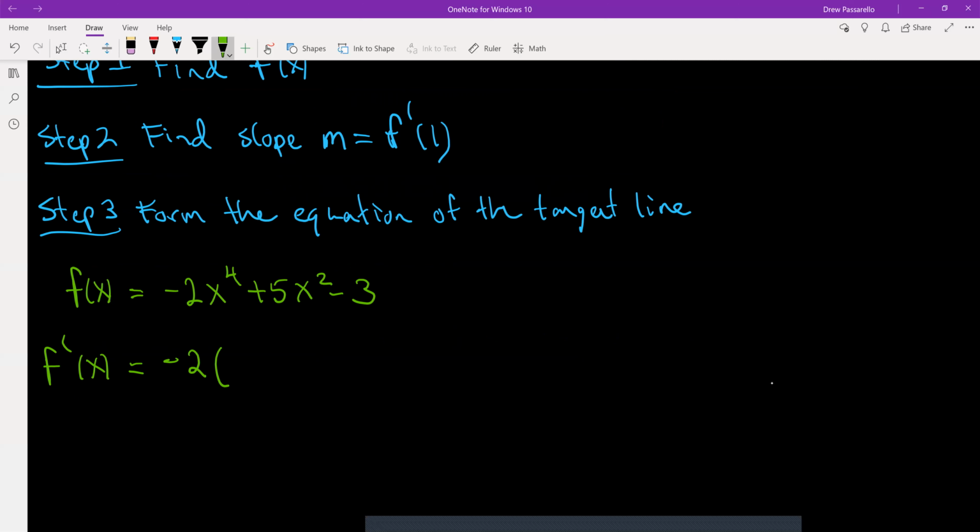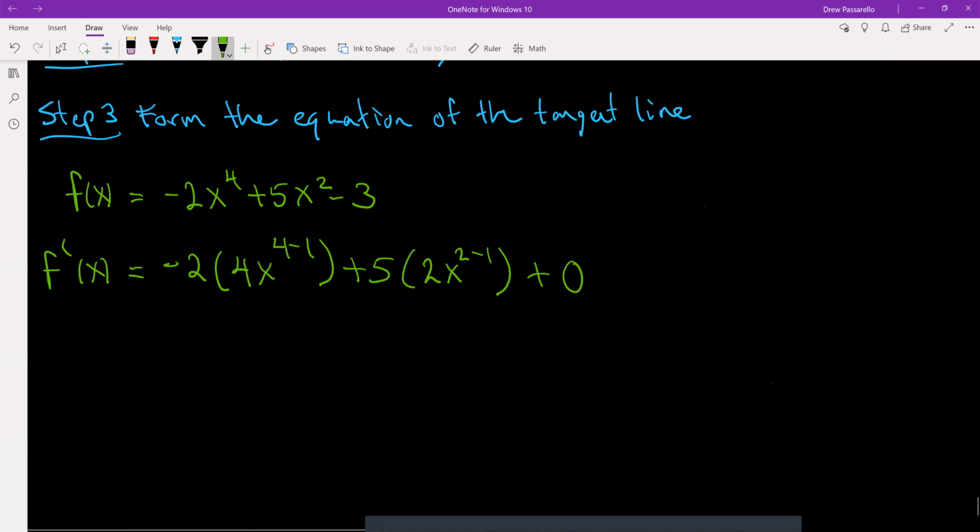So I drop down the 4, so 4x to the 4 minus 1 power. All right, that takes care of the first term. Second term, I factor out the 5, and then focusing on x squared, I use the power rule. That'll be 2 times x to the 2 minus 1. The last term is minus 3, and that's just a constant, and a constant turns into 0 when you take its derivative. So really that's plus 0 at the end.